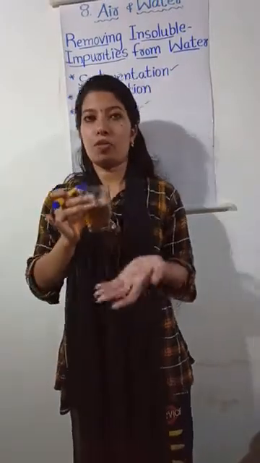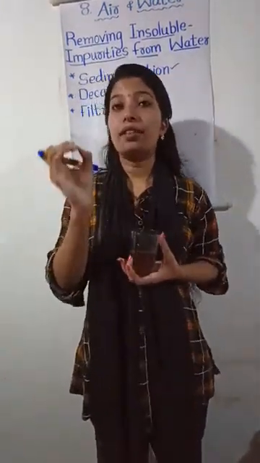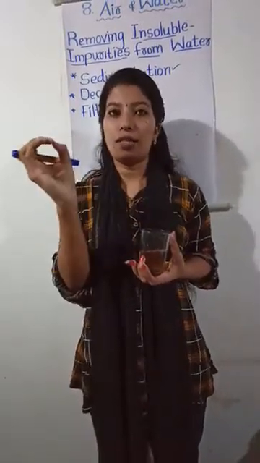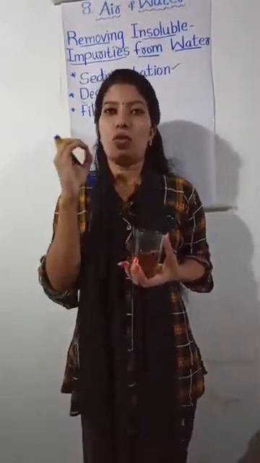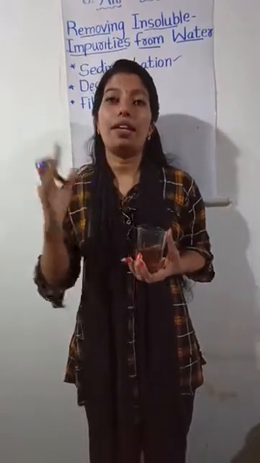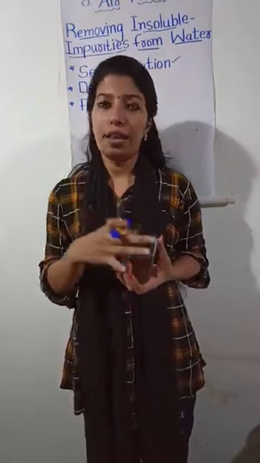This process is followed by one more process, where the clean water can then be poured out into a separate container. This is called decantation, because we are pouring out clear water from that container.